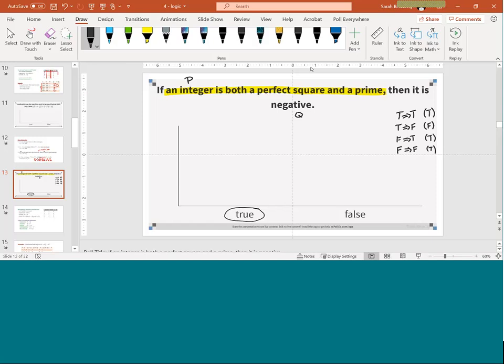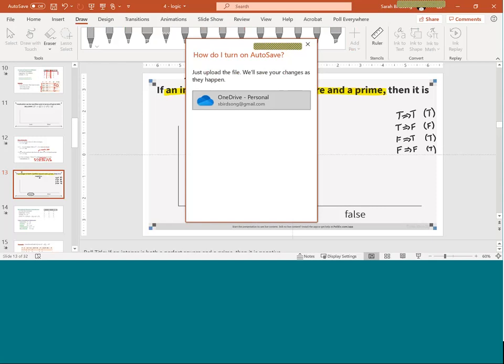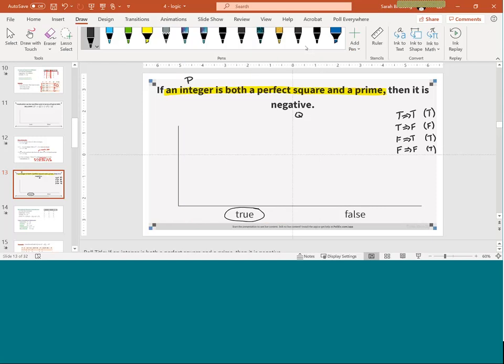So let's list them out. Okay. So if we have perfect squares, they are integers of the form n squared. So you've got ones like 0 squared, you've got 1 squared, you've got 2 squared. What are a couple more?